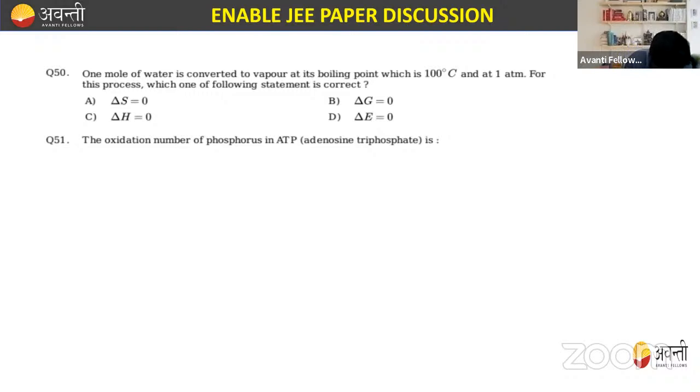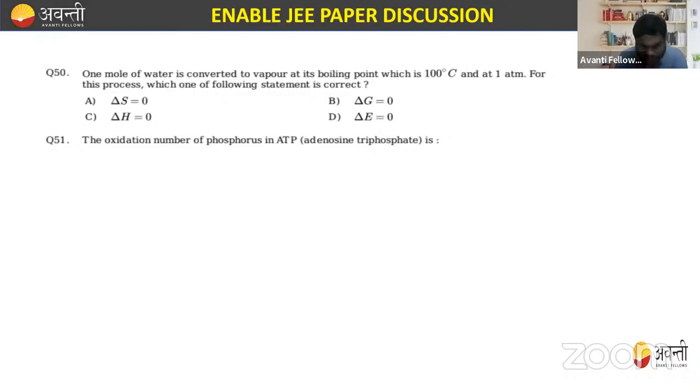This is for boiling. So in boiling, phase transition takes place, that is from liquid to gas. So due to phase transformation at 1 atm, the free energy change is always 0. Just remember this point.